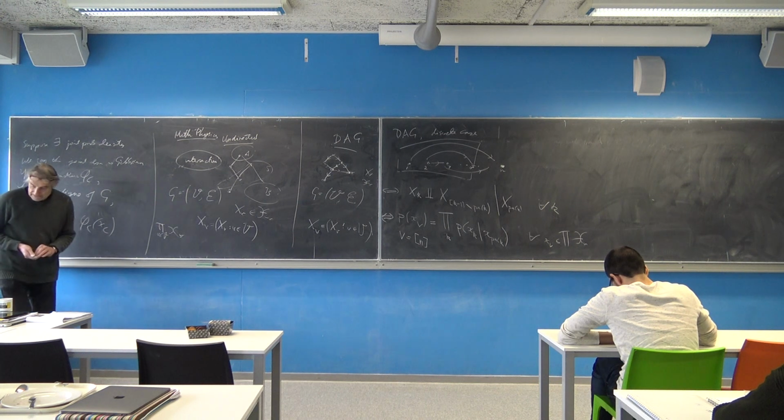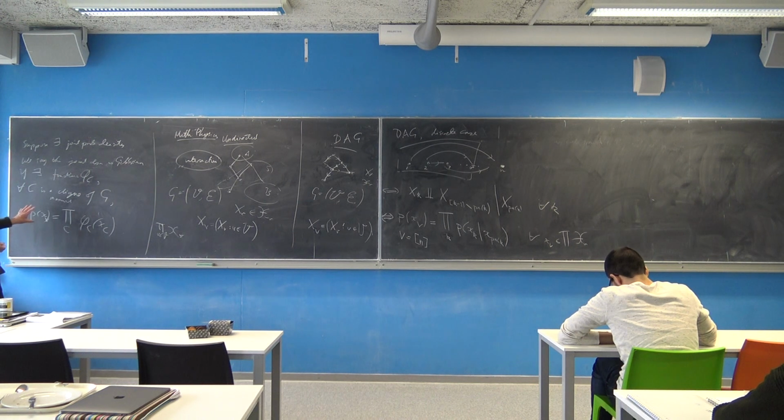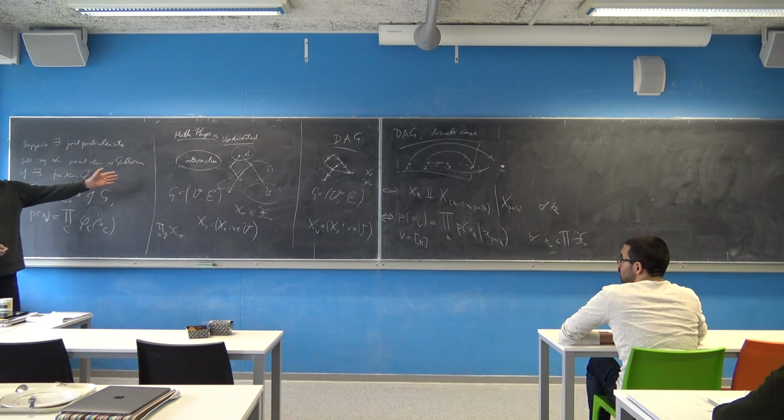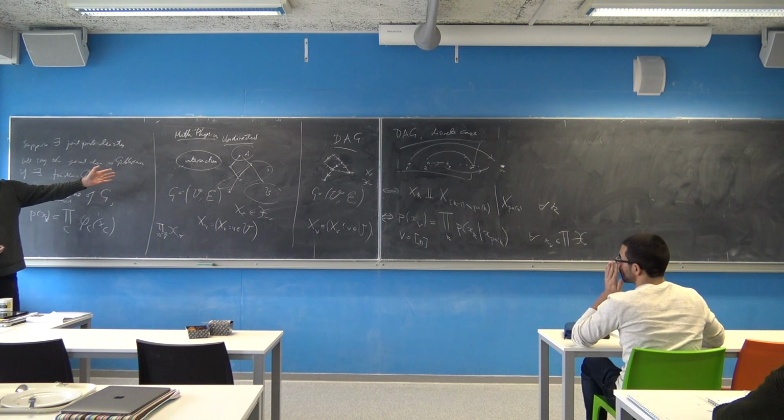Okay, now, the first thing to say is these have to be non-negative functions. I can tell you that if a joint density of these random variables has this shape, then the graphical model is true.